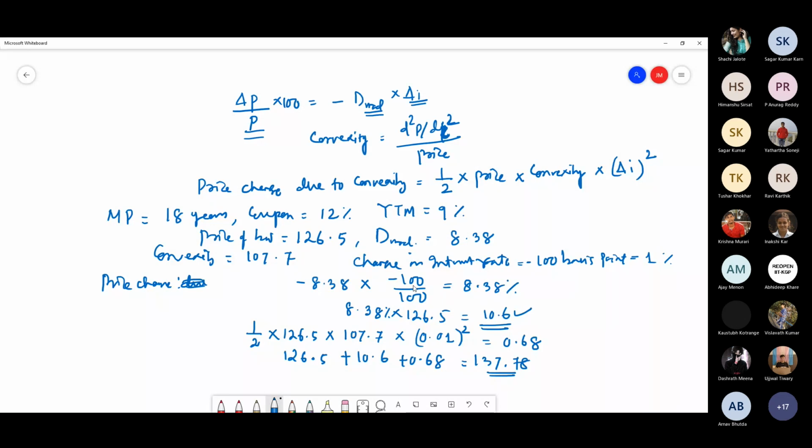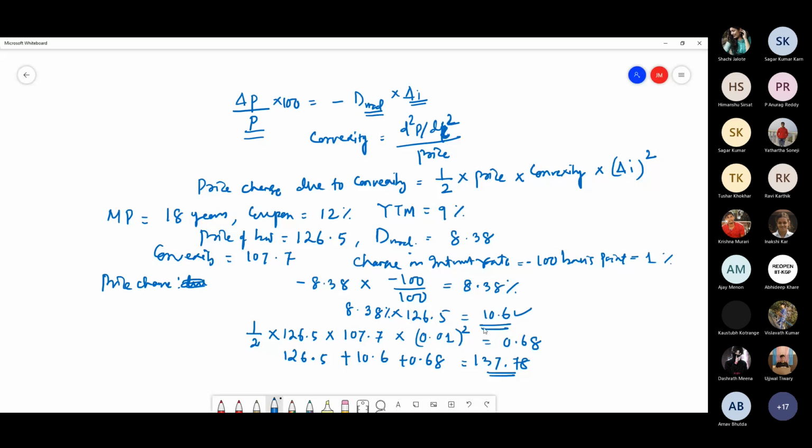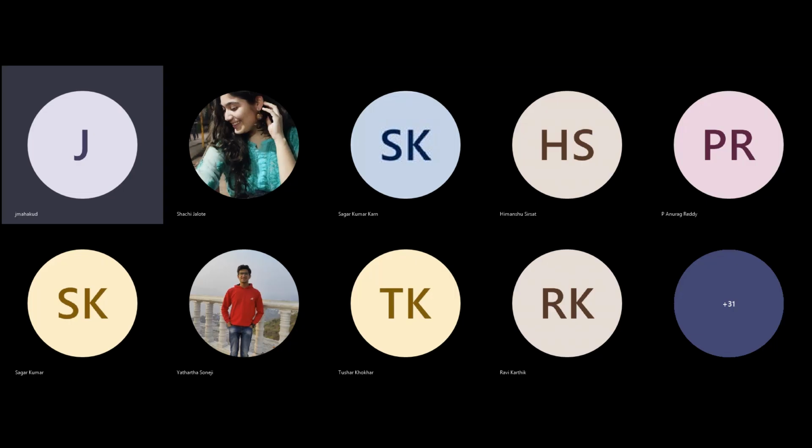These concepts will be more useful whenever we invest in the bond market, or try to make a strategy about what type of bond we should hold in the market to hedge the interest rate risk or to get rid of the interest rate risk at that particular point of time. So now we can move towards the bond market.